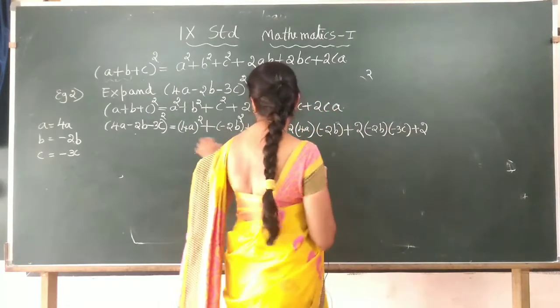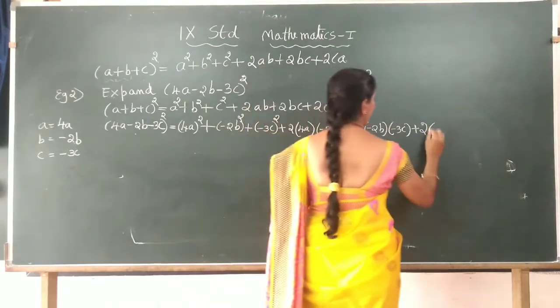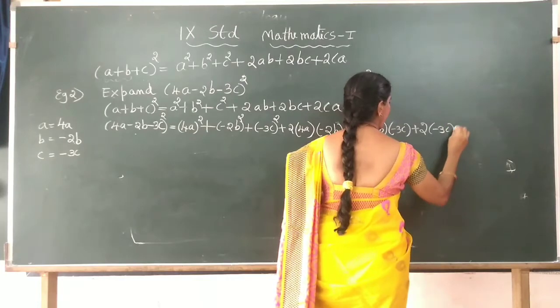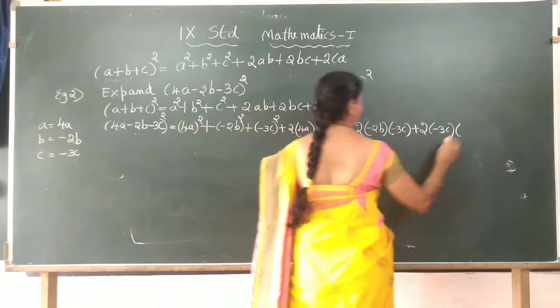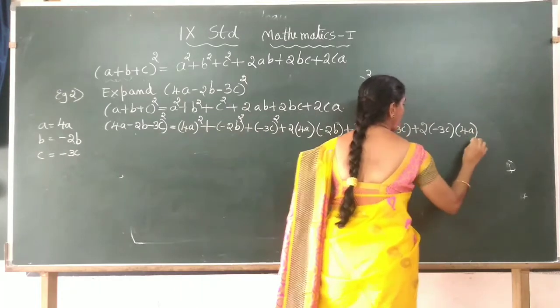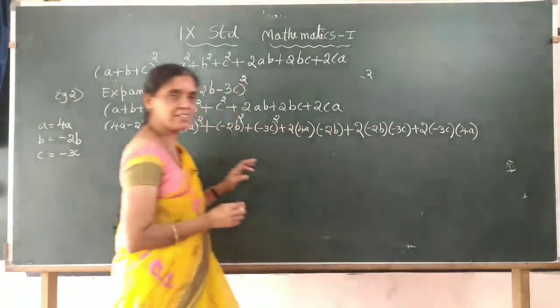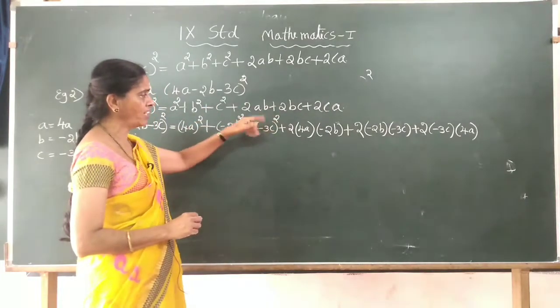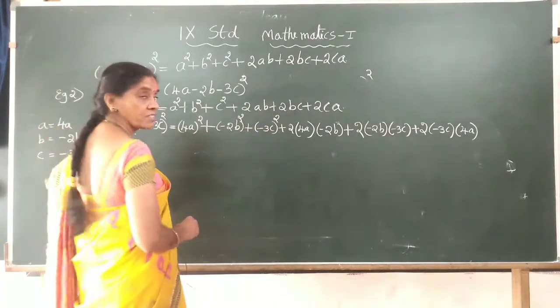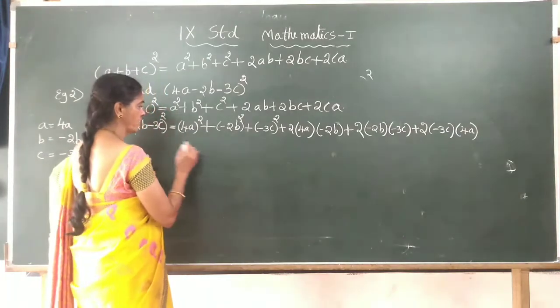C is how much? Minus 3C into A, which is 4A. I hope you understood this step, right? Proper sign you have to take. The same identity I have used in place of A, B, C.